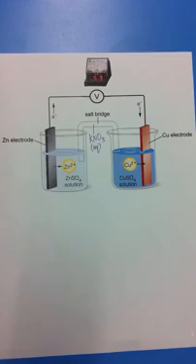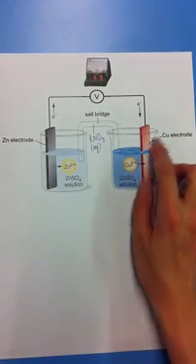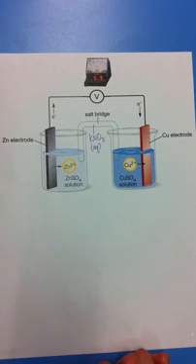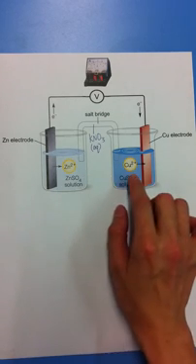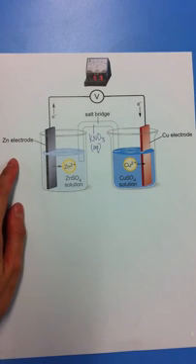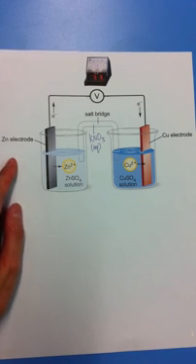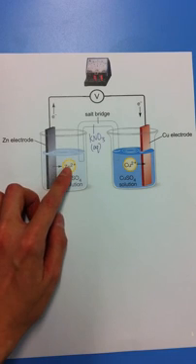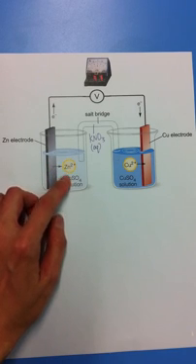So, why do the electrons flow from left to right? What is actually happening in each beaker? As zinc is more reactive than copper, zinc will give out electrons more readily, more easily than copper, to form zinc ions, which go into the solution.